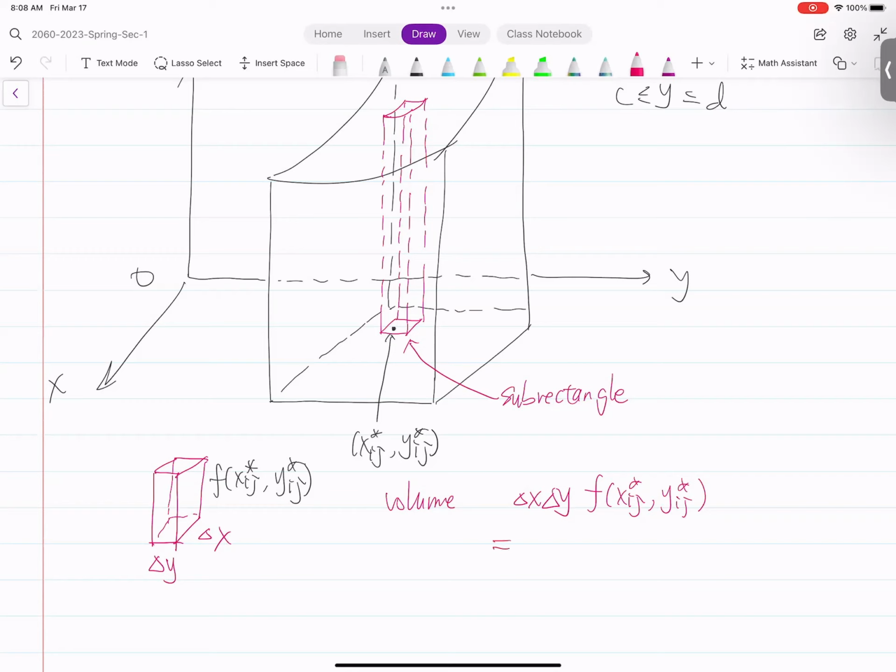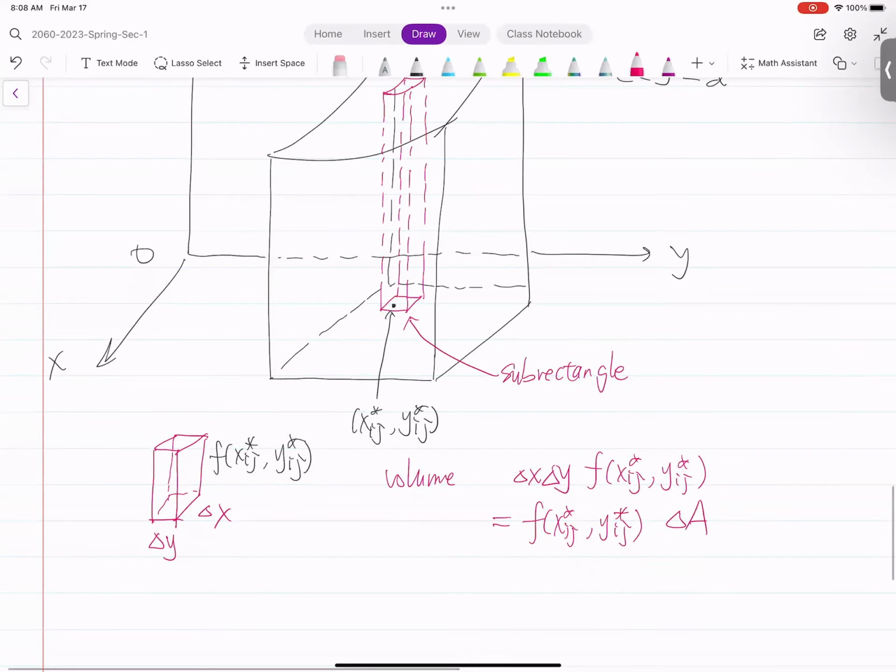But you can also write it as the height times the area of the base. And we use delta A to be the area of the base. So delta A equals delta x delta y.